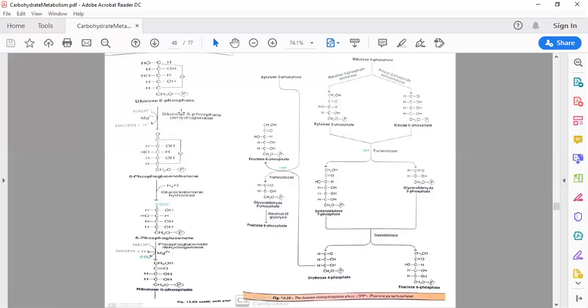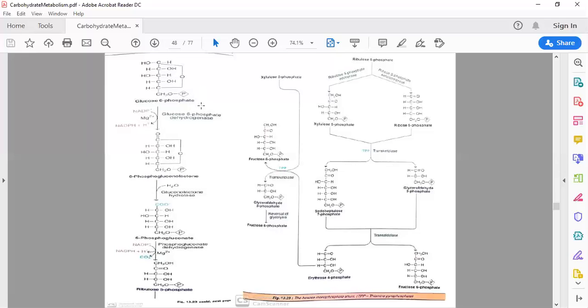The major enzyme which plays an important role is glucose 6-phosphate dehydrogenase, based on the ratio of NADPH and NADP plus, which ultimately determines the flux of this cycle, and this step is catalyzed by magnesium. So that is the first phase, the oxidative phase.